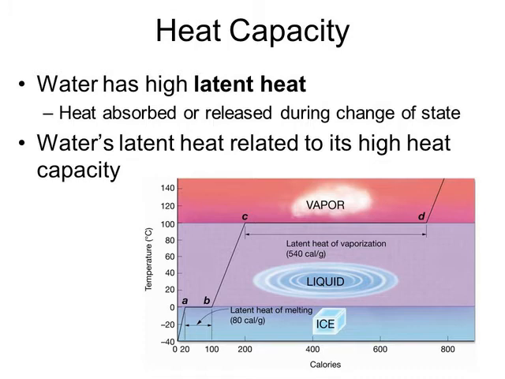Okay, and then if we continue heating up that liquid water, you can see it takes another 540 calories per gram to turn all of that liquid water into water vapor. So you can see the difference.